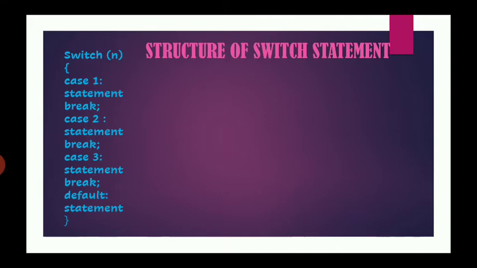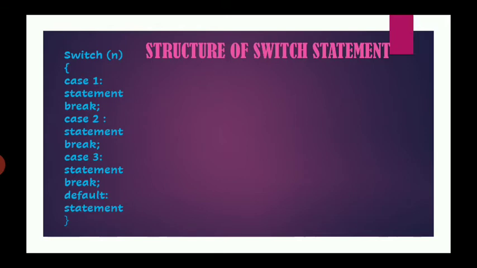If case 1 does not match with the value of n, then it will move to case 2. Again, for case 2 you have a different statement, and then we have to end case 2 by writing break, which terminates case 2.